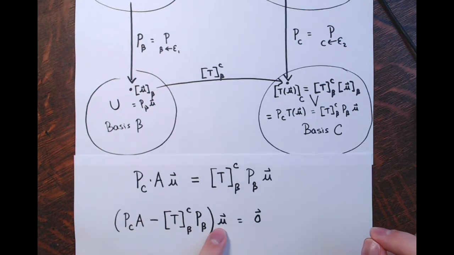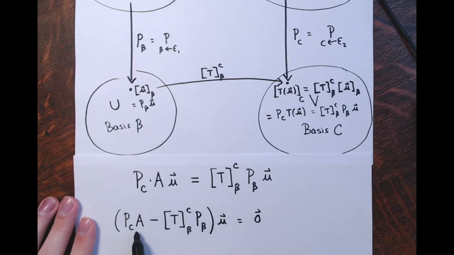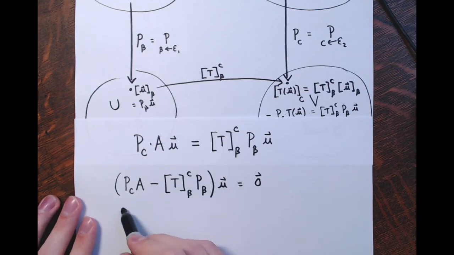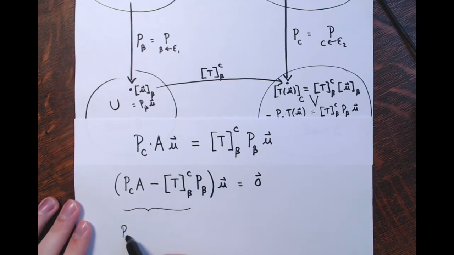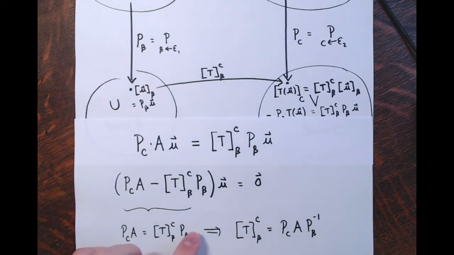And as long as this matrix here has a non-trivial null space, if the null space is only trivial, the only way this is going to be 0 is if U is 0, or if this is 0, and we can say then that PC times A must be equal to our matrix representation times PB, and therefore our matrix representation must be equal to PC times A times PB inverse, multiplying by the inverse on both sides.